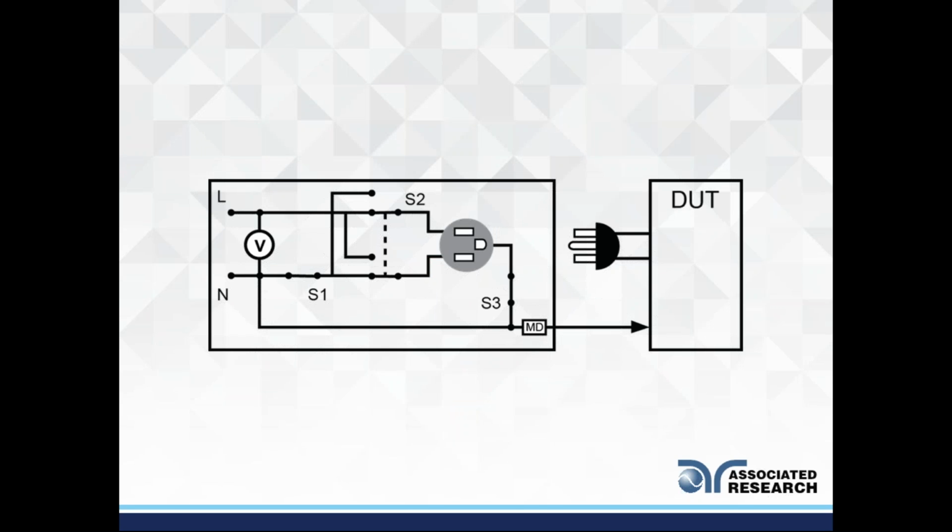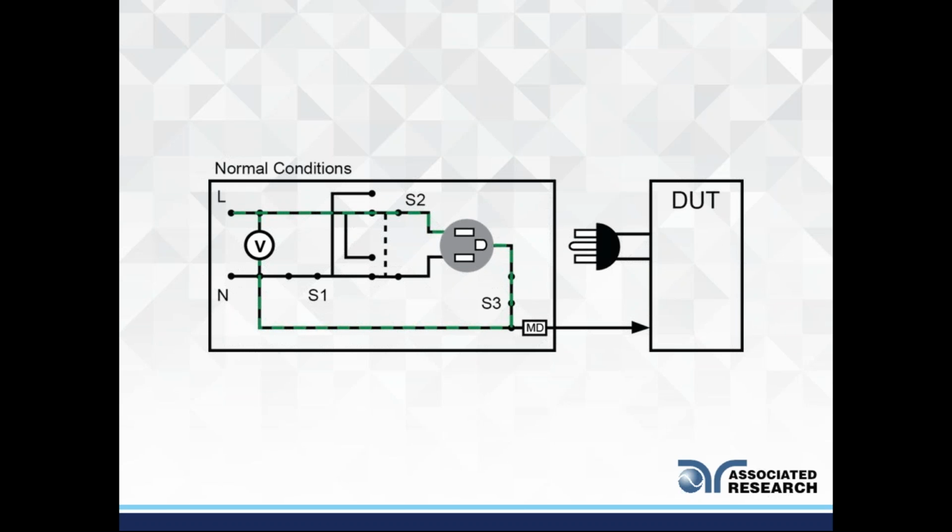So you can see on the left side of our screen, this is considered our Omnia tester, okay? And the right side is your medical device, your DUT, device under test.